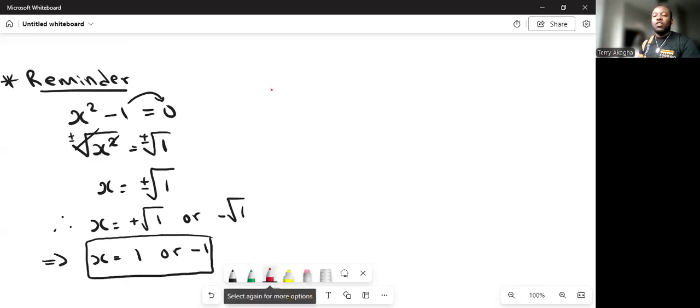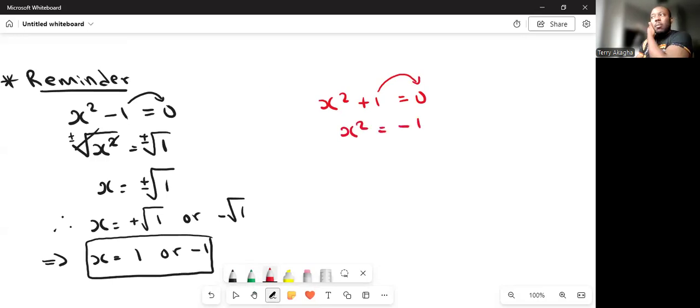Now, if we want to juxtapose this to x squared plus 1 is equal to 0, you take 1 to the other side, so you're going to have x squared is equal to minus 1. To get rid of the square, we take the square root of both sides, plus or minus, so x is equal to square root of minus 1.